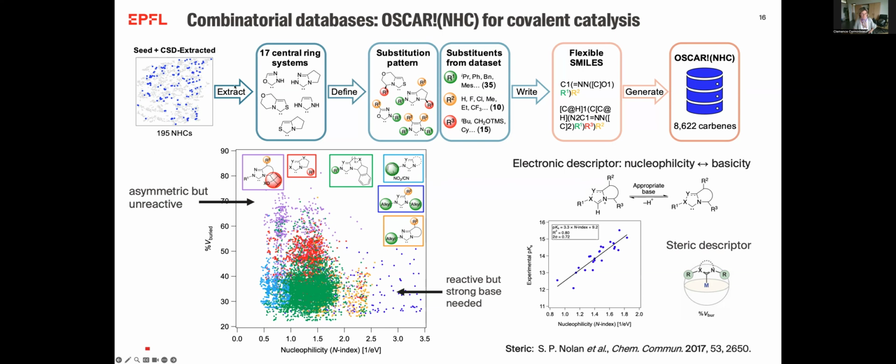They were extracted, analyzed, and decomposed into 17 central ring systems that were identified, plus different substituents and different substituent patterns. Based on this extraction and analysis, done partially manually and partially automatically, the SMILES were generated.